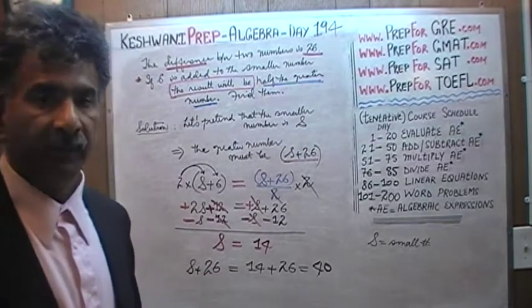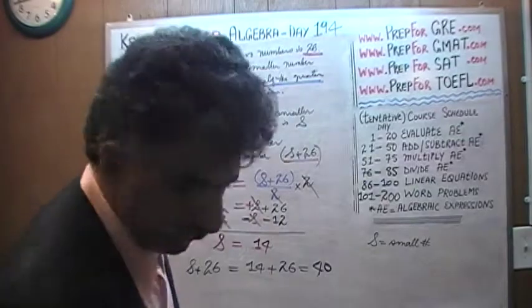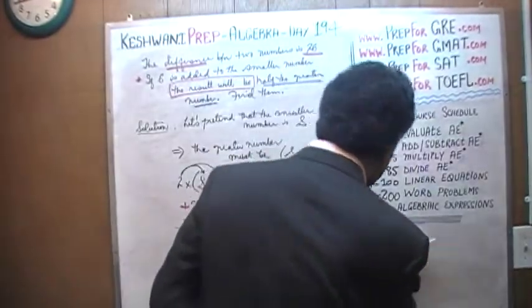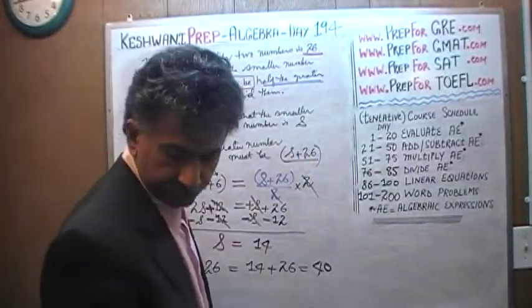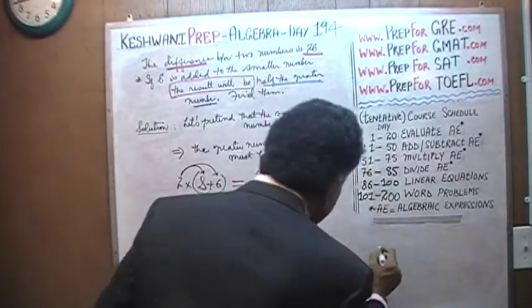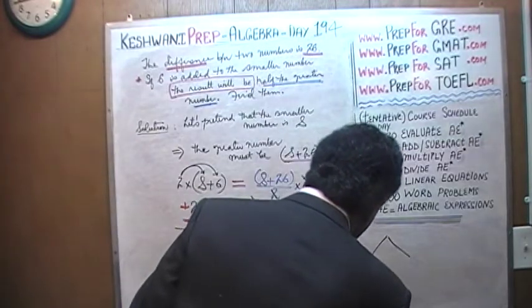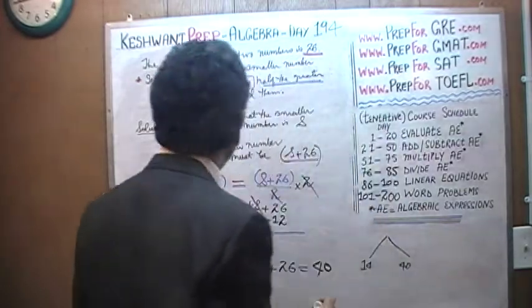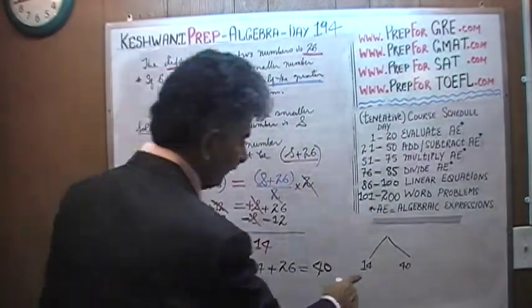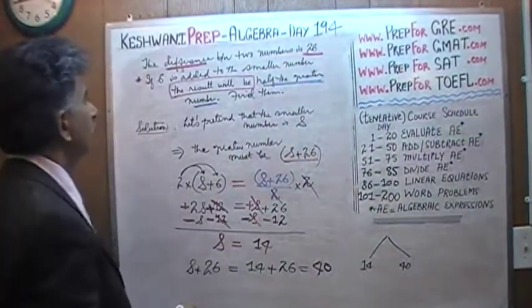Now we're going to quickly verify that answer by doing the work here. So we have two numbers here, 14 and 40. As you can see, the difference is 26, which is where this comes from.